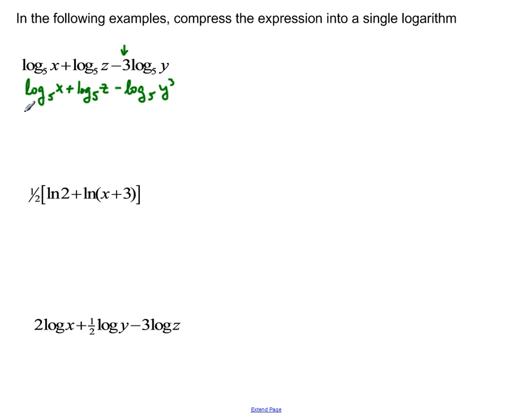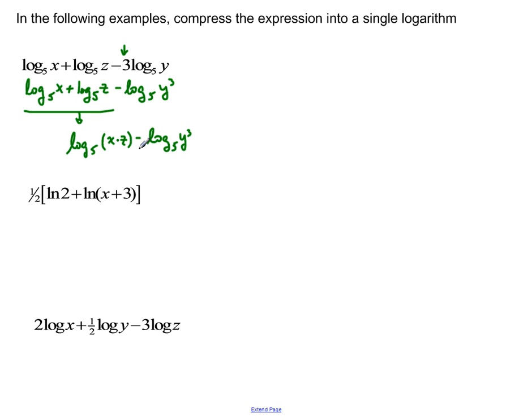All right, so now we can reverse, and let's use one rule at a time. I've got this addition in my first two terms, so let's combine those together, and we can call this the logarithm base 5 of the quantity x times z, and we're subtracting from that the logarithm base 5 of y to the third. Any more rules?